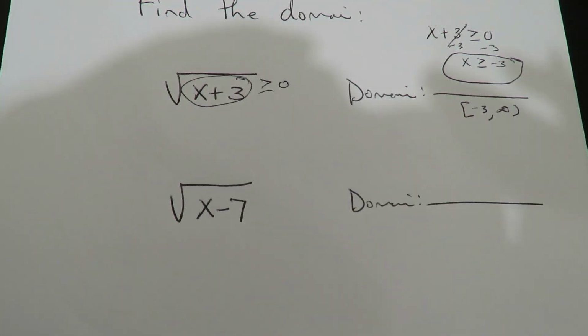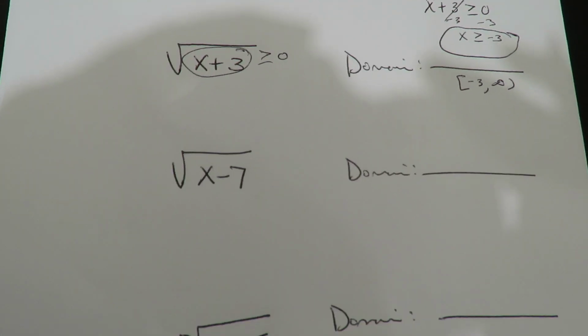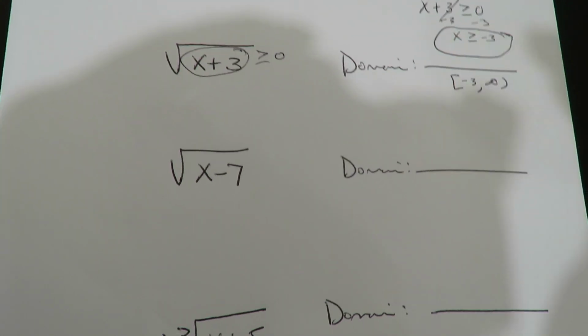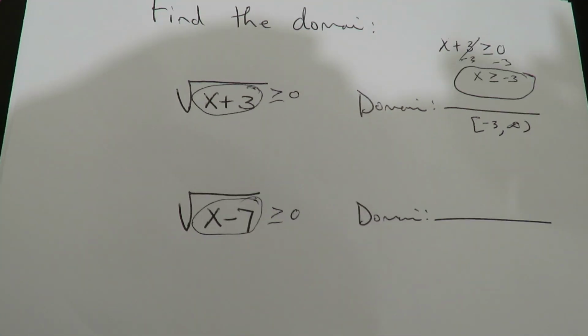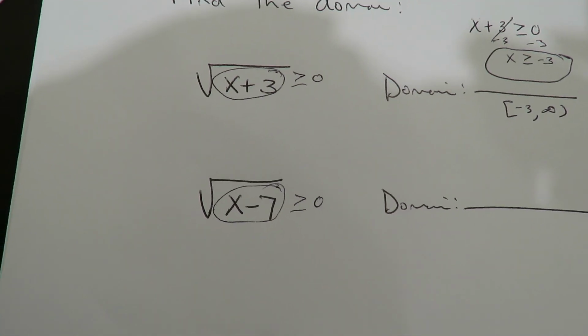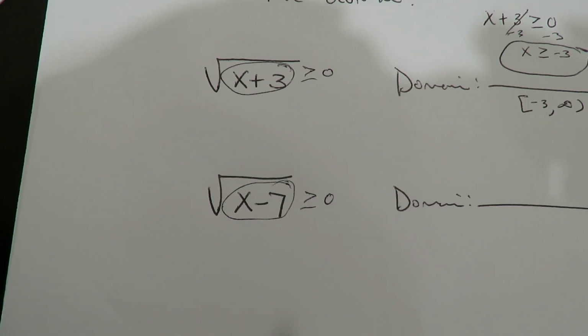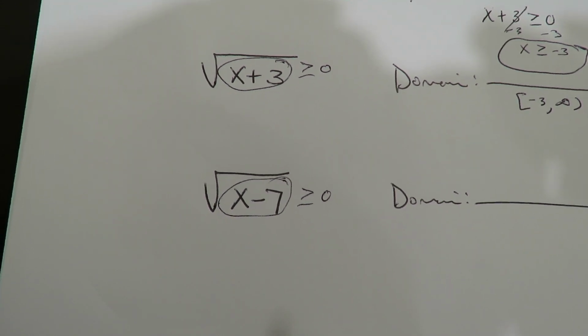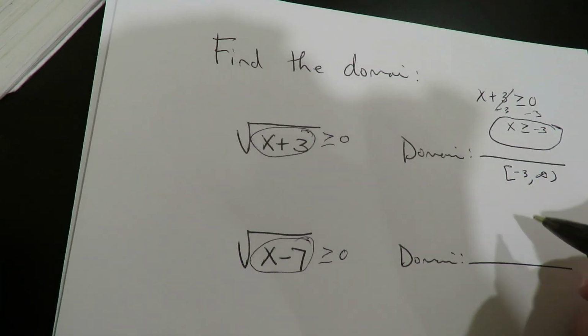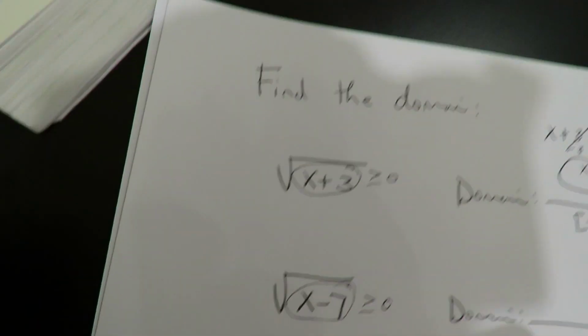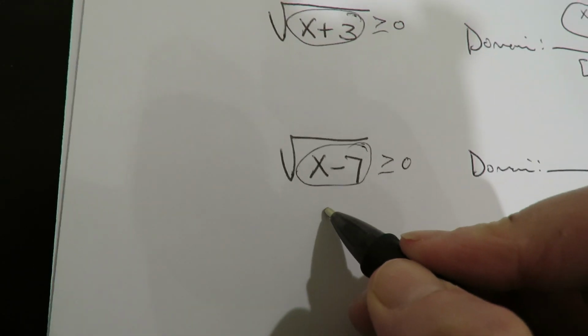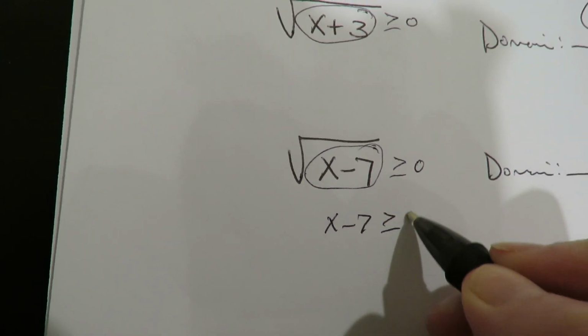Okay, same thing here. This is an even index. So what's underneath has to be greater than or equal to 0. If it's even, what's underneath has to be greater than or equal to 0, because you cannot have a negative number under a square root or any kind of even root. So that means that x minus 7 has to be greater than or equal to 0.